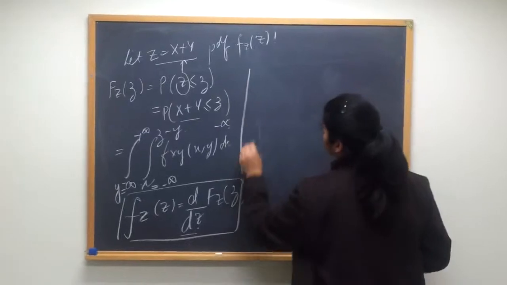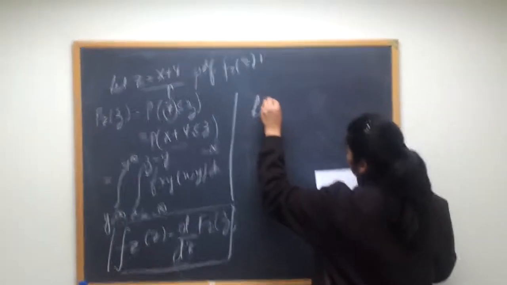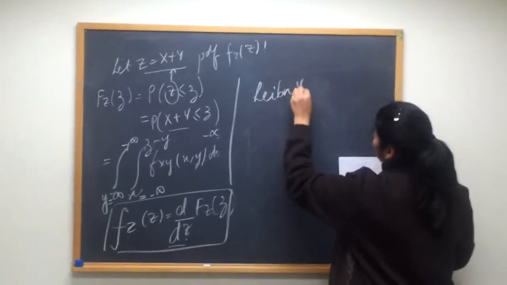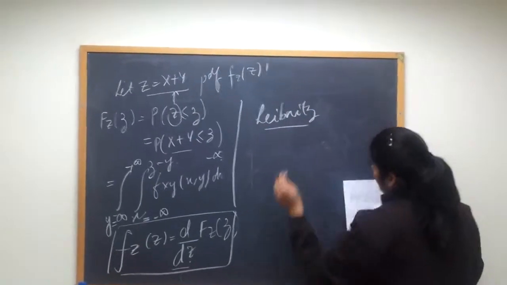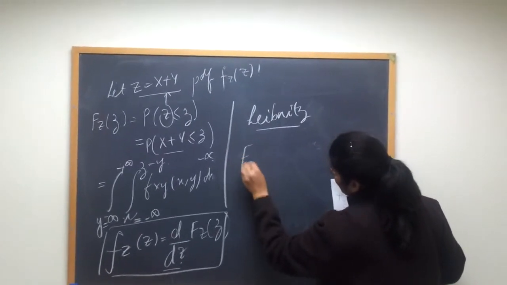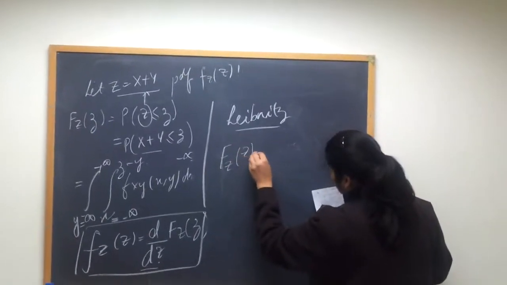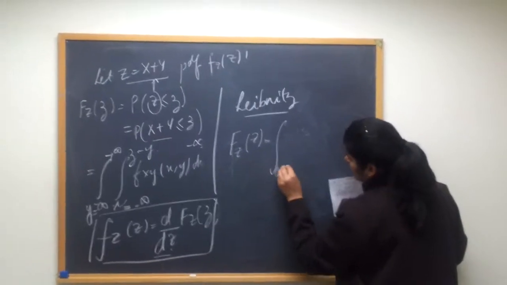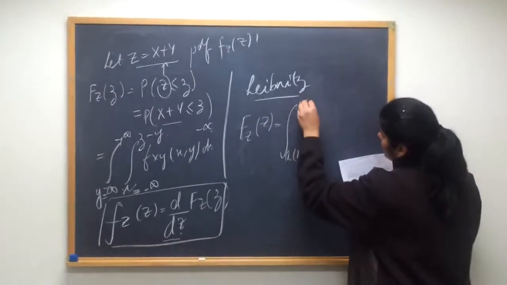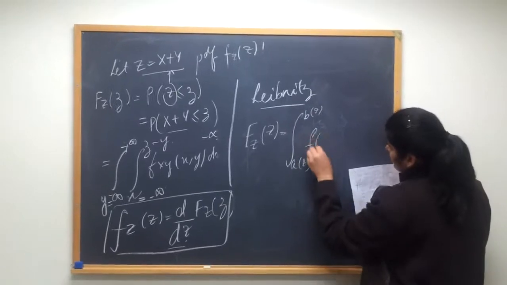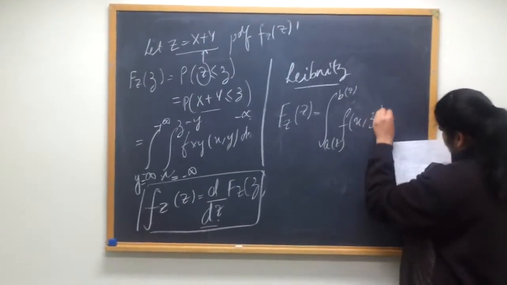Now Leibniz rule is: suppose we have a function F_Z(z) which is the integral from a(z) to b(z) of f(x, z) dx.